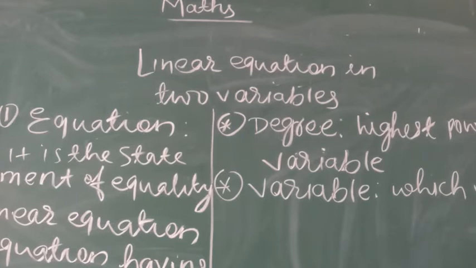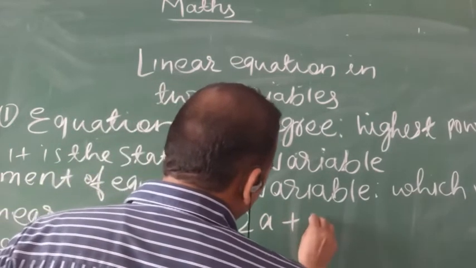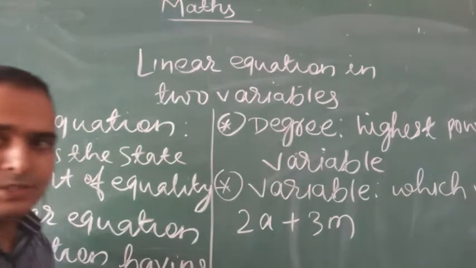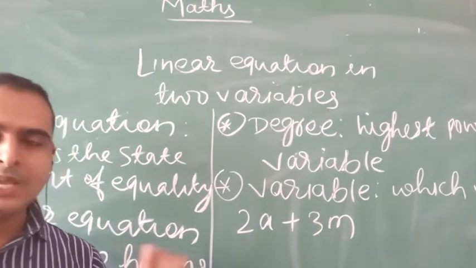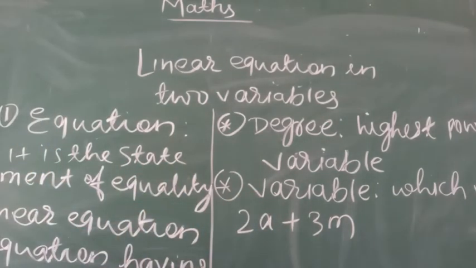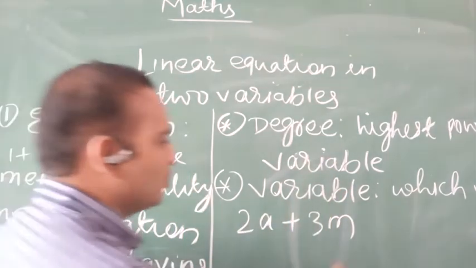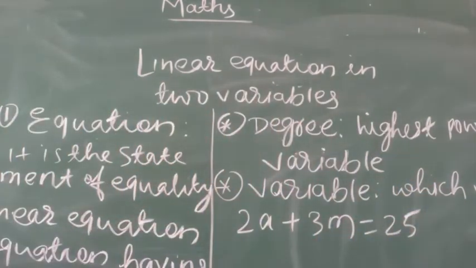Now, this is equation or expression? This is expression. But if you say that you purchased 2 apples and 3 mangoes at rupees 25, then this is an equation.